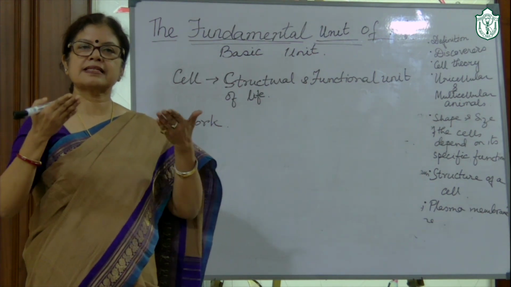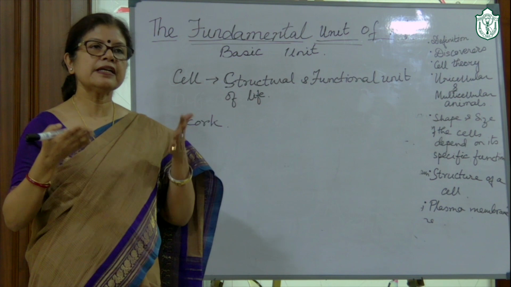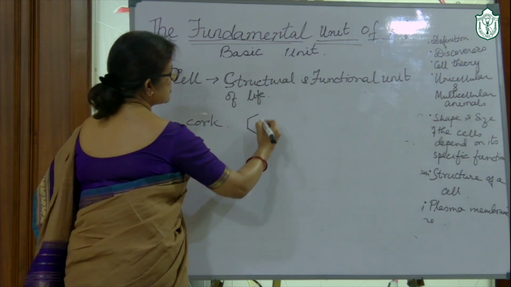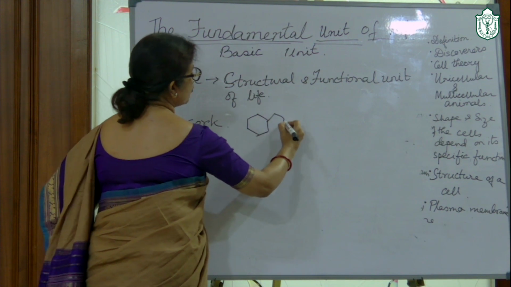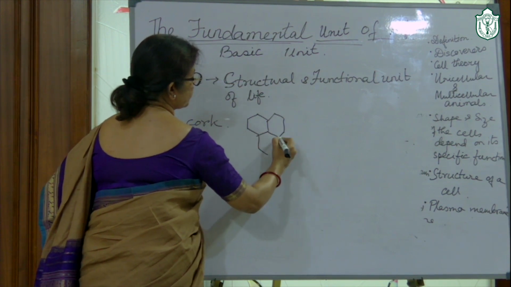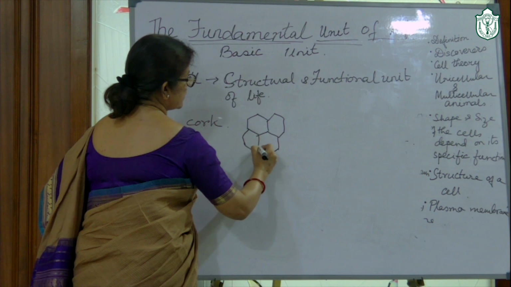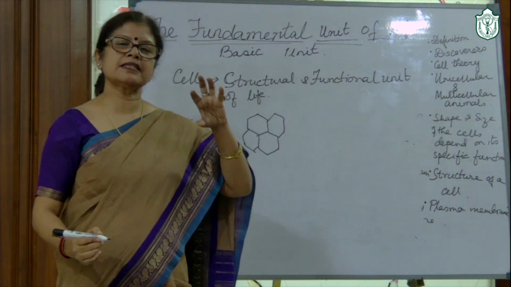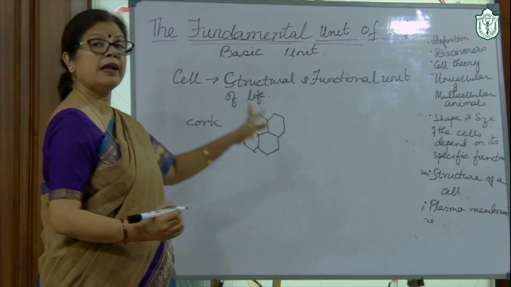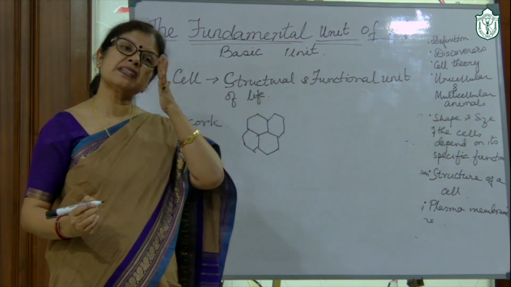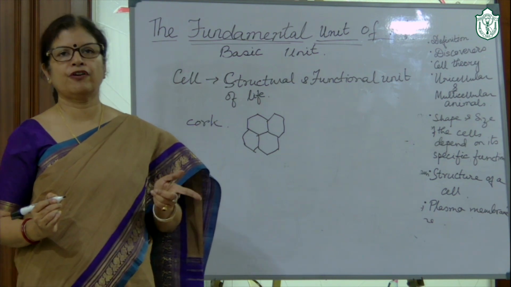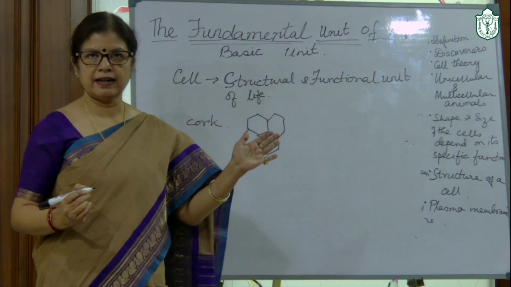Under it, he saw that the cork is made up of honeycomb-like compartments. At that time, he did not name this structure as cell, but named it little compartments. Later on, it became known as cell.